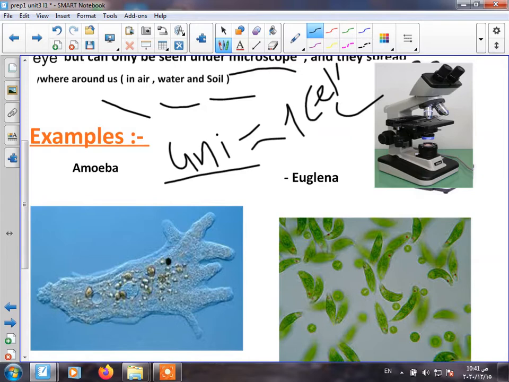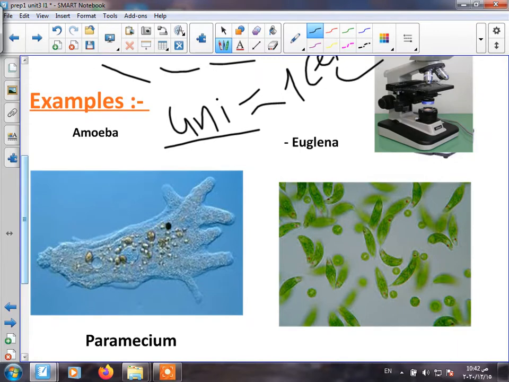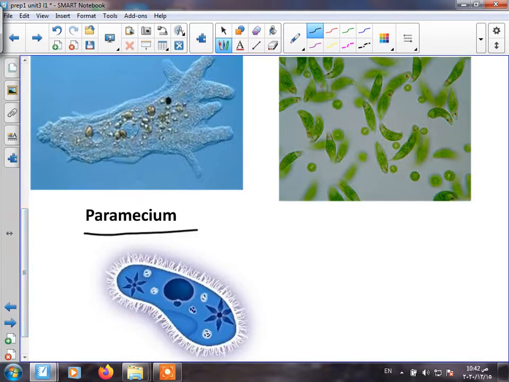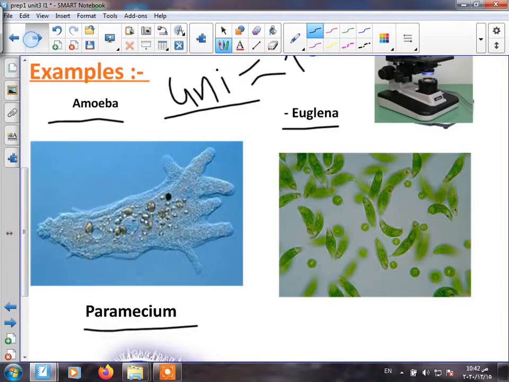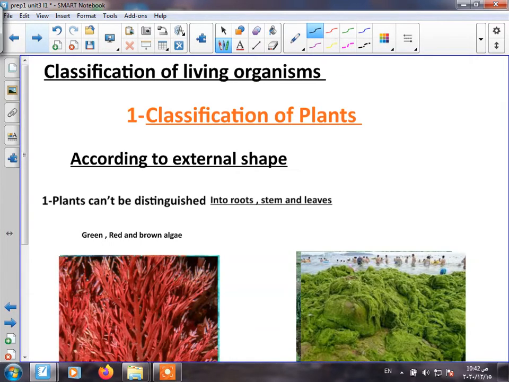But microorganisms are unicellular, their bodies contain only one cell, so we name them unicellular organisms. In one drop of pond water, we can see microorganisms like amoeba, euglena, and paramecium.